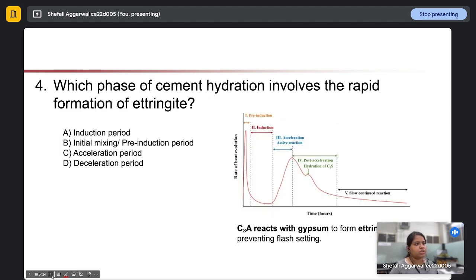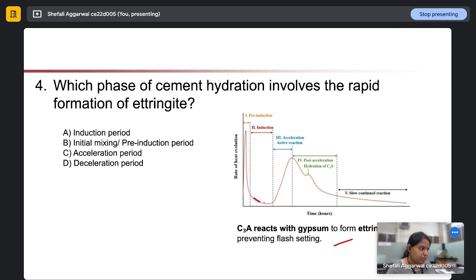The next question is, which phase of cement hydration involves the rapid formation of ettringite? We have five phases in cement hydration. Firstly, there is initial mixing, and whenever there is initial mixing, there is a jump in heat evolution. Then comes the induction period, when there is a decrease in heat.